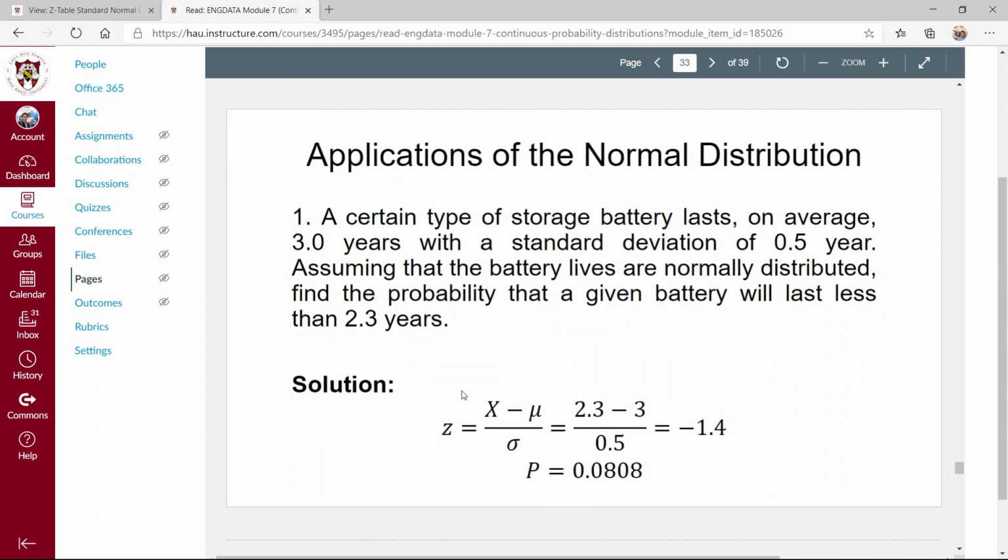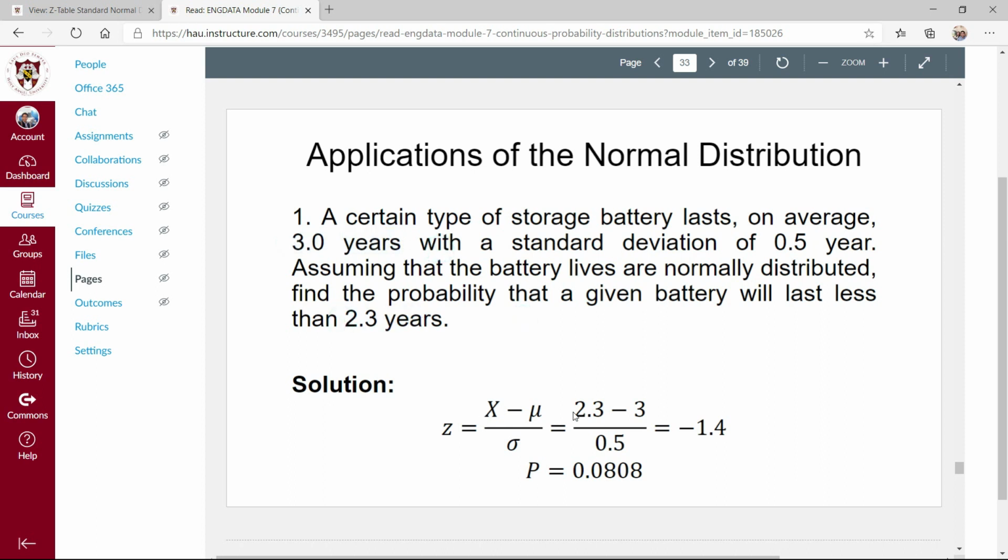So x is given. The mean is 3 years, and the standard deviation is 0.5. Notice here, on the average means 3 years is your mean, and this will be your x.